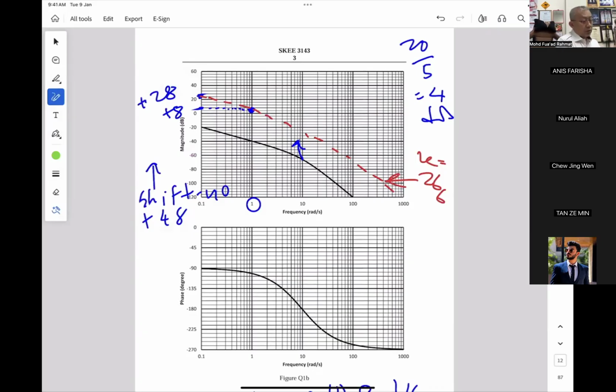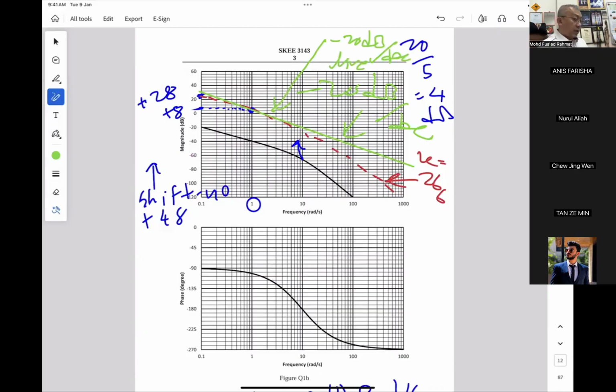Okay. So you use your ruler. So this is minus 20 dB per decade line. The green line is minus 20 dB per decade line.